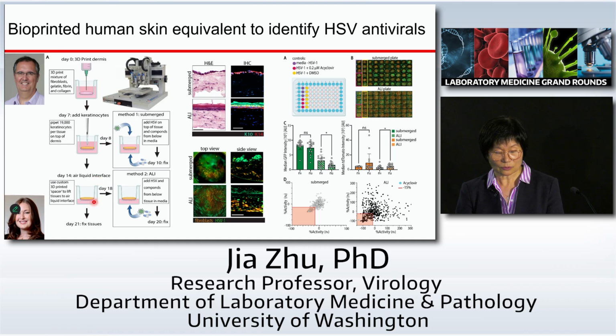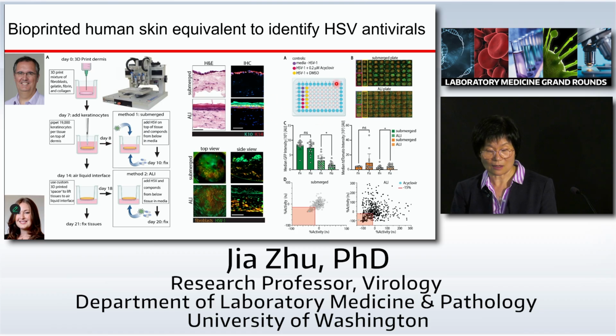In the ALI model, we infect through the basolateral route, and it has a stratified epidermis on top. So we want to model that for viral reactivation. In reality, we found that in the submerged model only keratinocytes get infected, while in the ALI model only the fibroblast cells get infected. So we use both model systems in our screening.